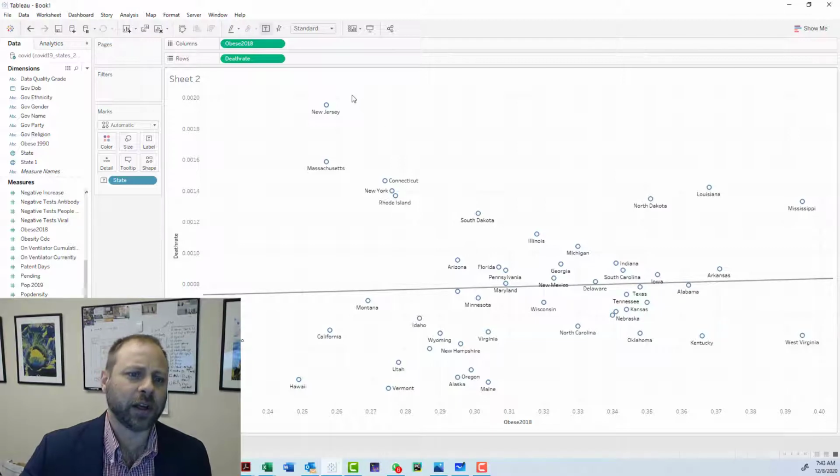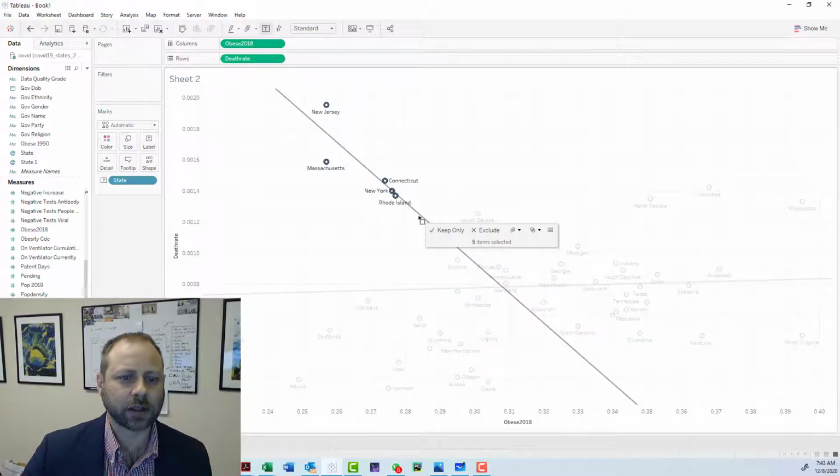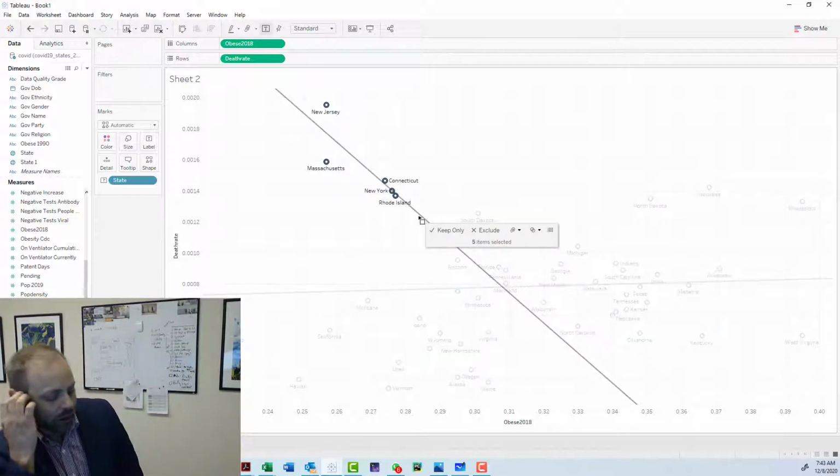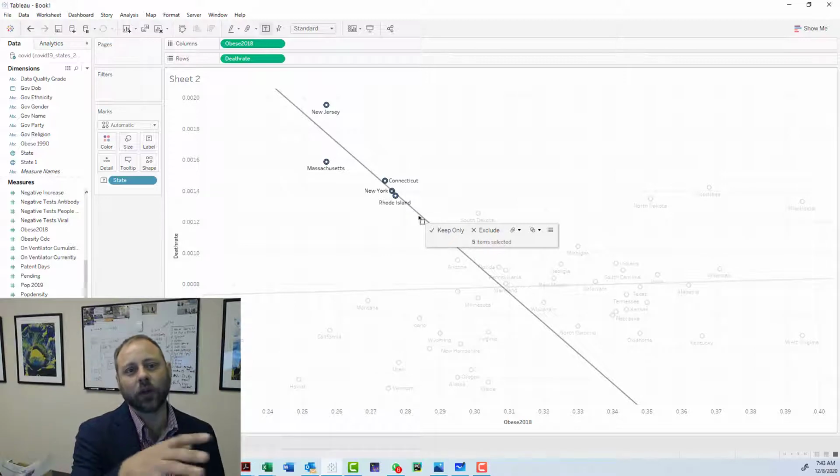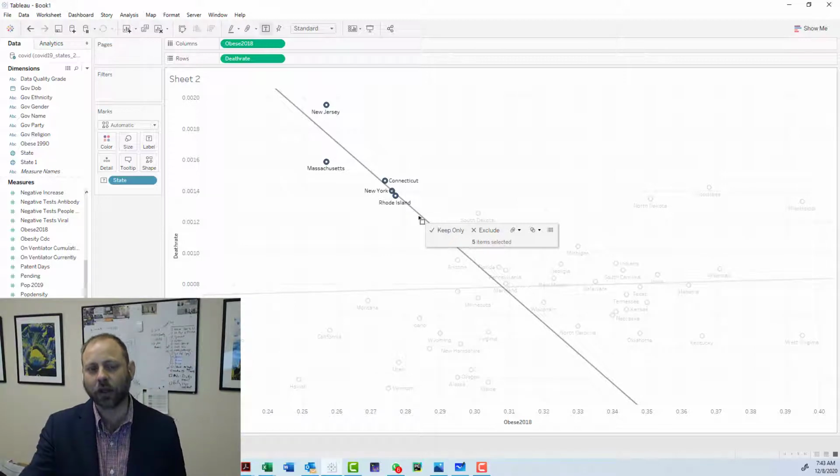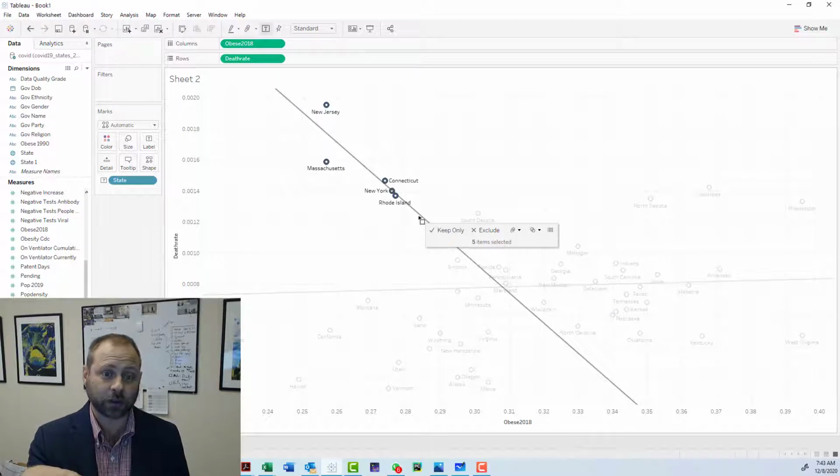Now, here's a clump of New England states, right? And if you were to say, well, let's say that New England and these other states got hit in the middle of the year as opposed to the other side of the year, then the obesity regression actually is negative for those states, right?